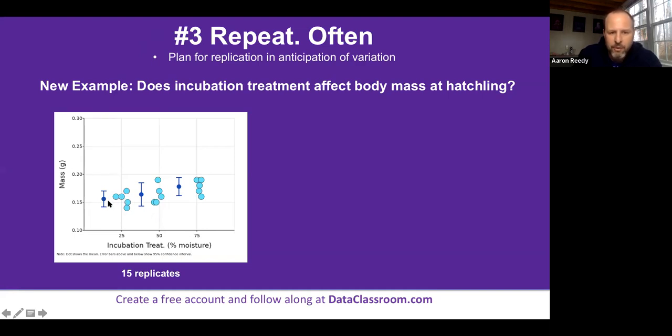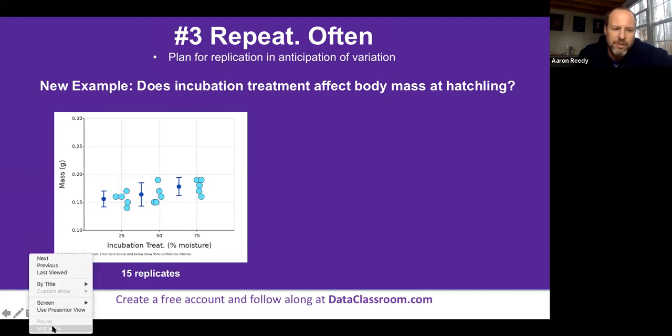If you were to look at this with only 15 replicates, you don't really see a clear pattern. You can see the 95% confidence intervals are very much overlapping.